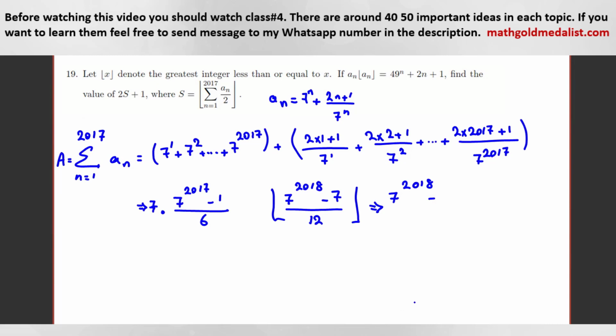Solve S or solve 2S plus 1? 2s plus 1. Okay. 7 to the 2017 minus 7 over 6.